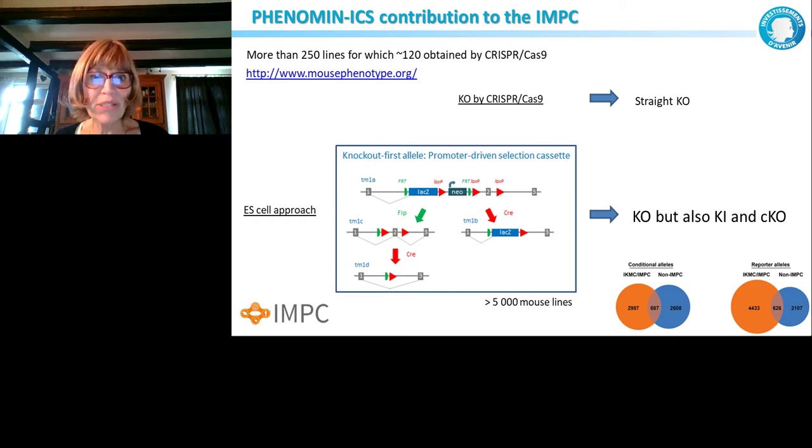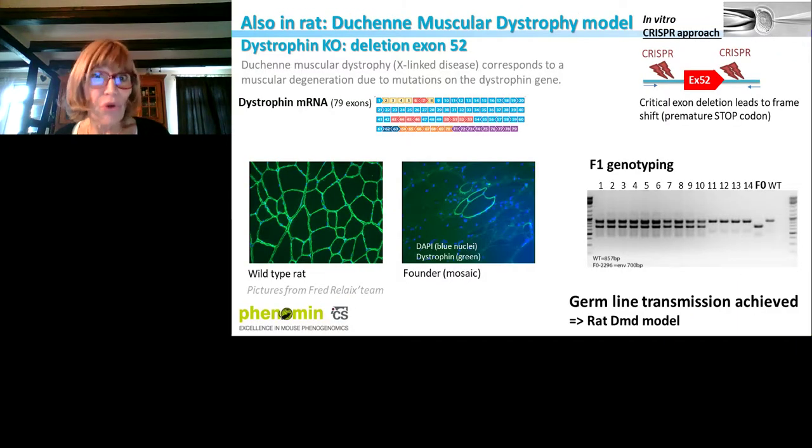Then the work from this consortium is quite impressive, and it's really valuable. And you can go and see on the website that is stated at the top of the slide. There are many interesting data on this website. Go and see there.